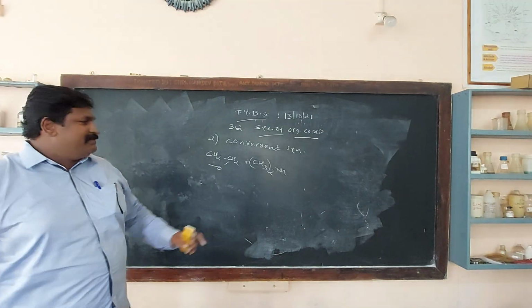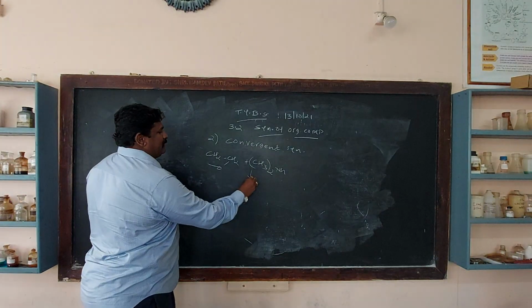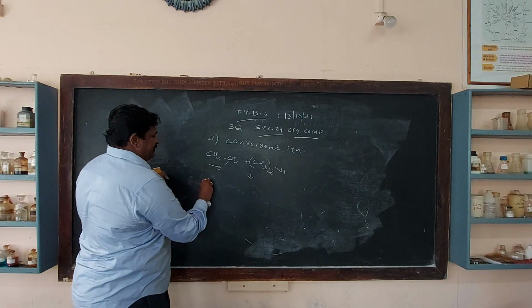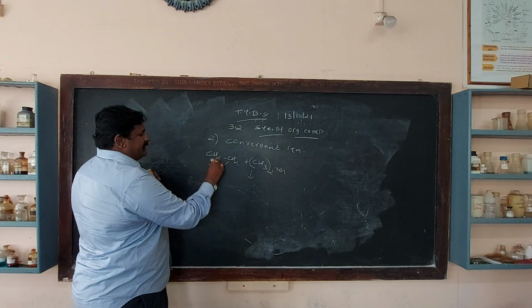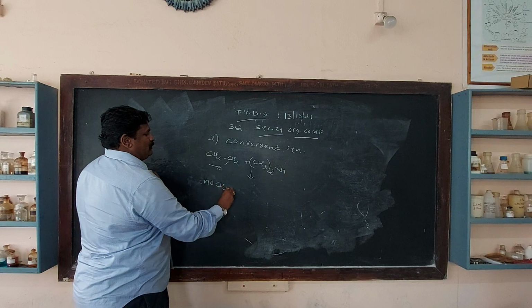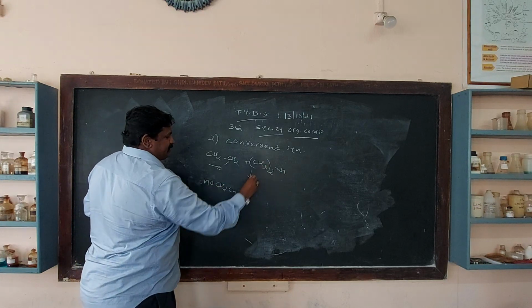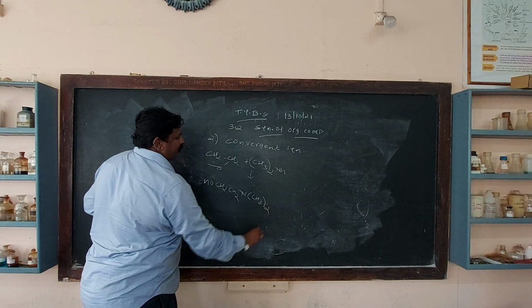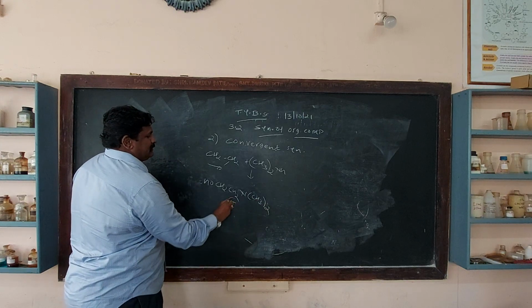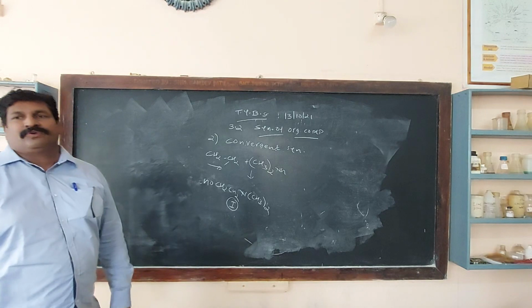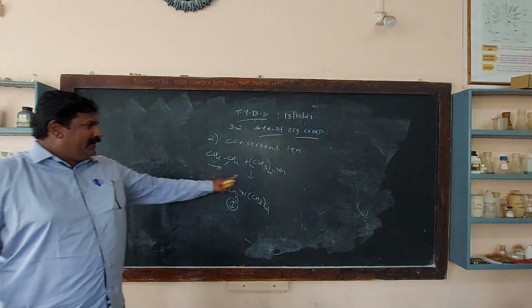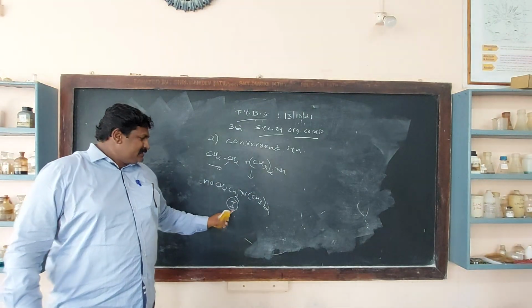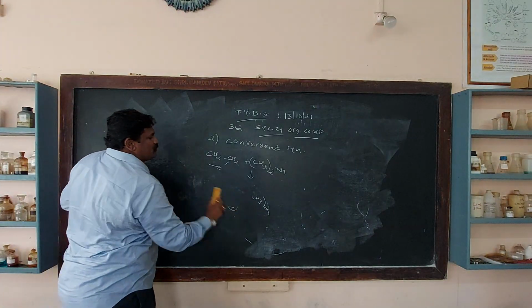Epoxide plus dimethylamine gives COH, CH2CH2, N(CH3)2. That is, suppose, step number 1. Okay, OH, CH2CH2 and N(CH3)2. Step number 1.